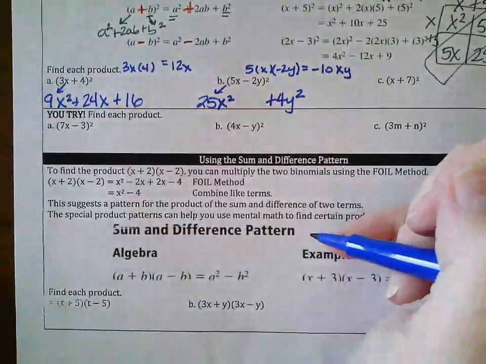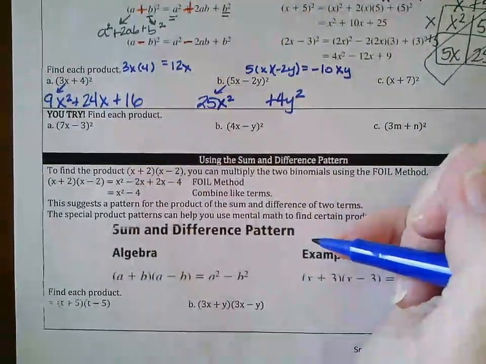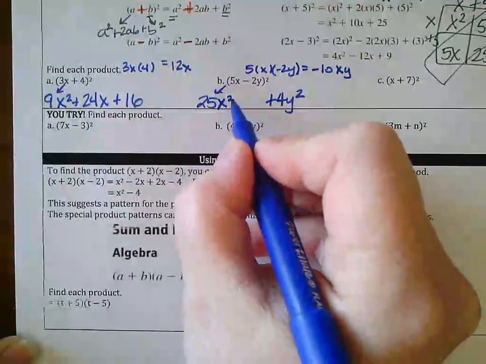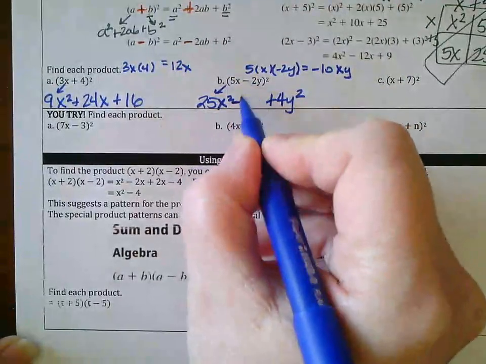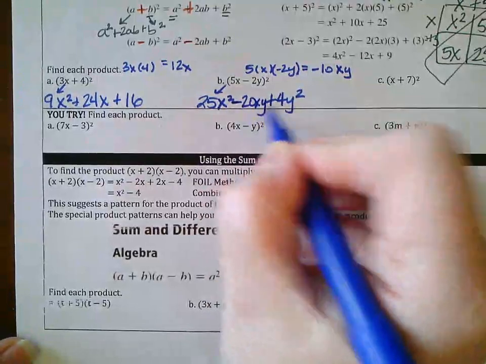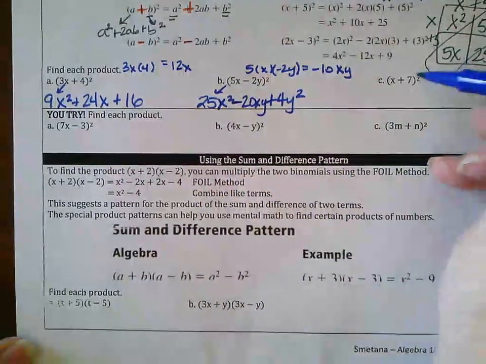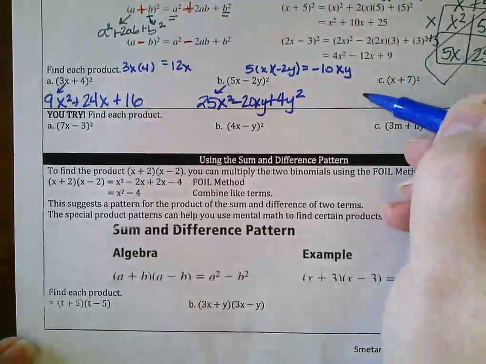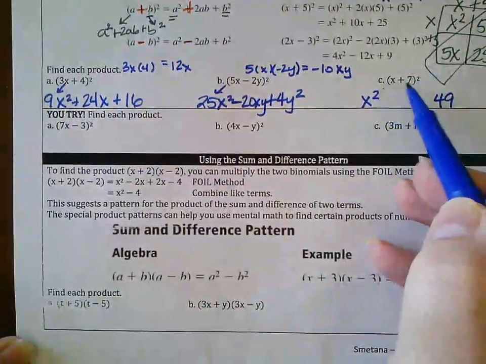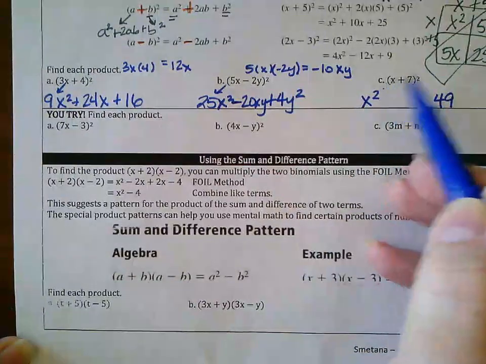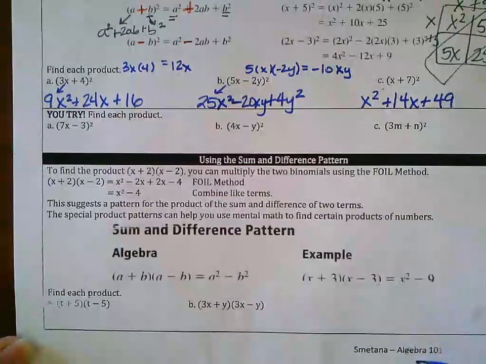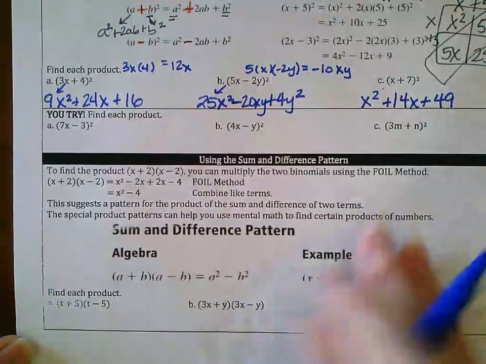So negative 10 plus negative 10 is negative 20, or you could just say negative 10 times 2. Notice the minuses: negative 20xy. This one, x squared, 49, 7 times x is 7x, times 2 is 14x. Voila. That easy, and you saved yourself some work.